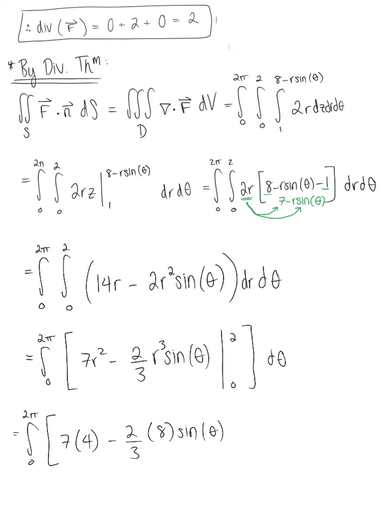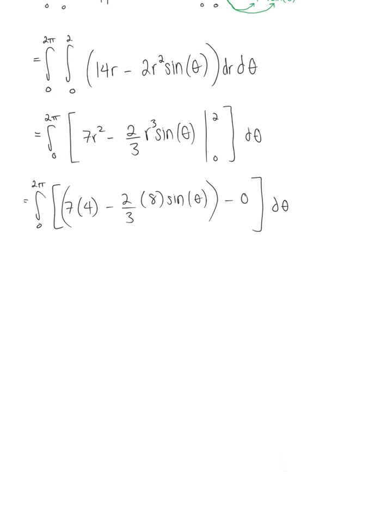And then fortunately, when we substitute 0 in here, we are left with just 0. And we are so close now. This simplifies to the integral 0 to 2 pi of 28 minus 16/3 sine of theta d theta.